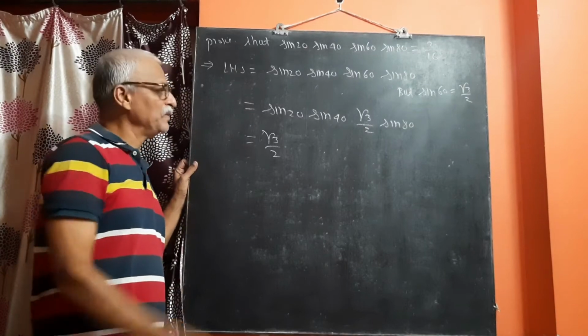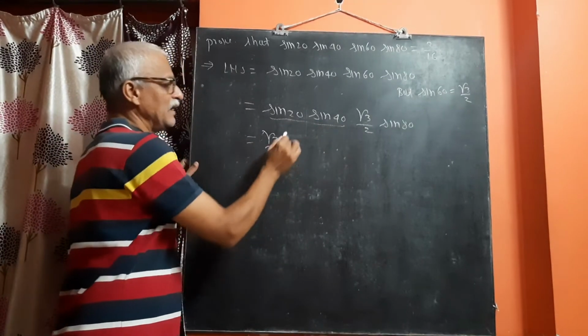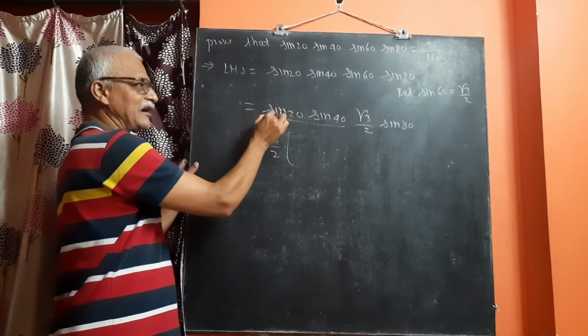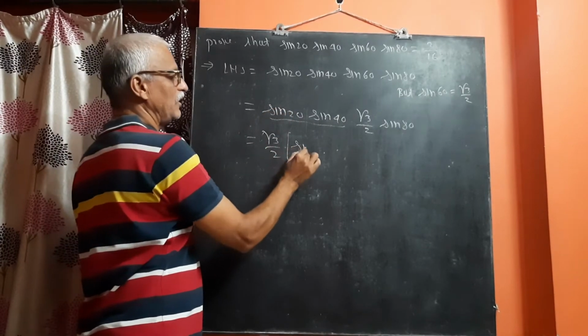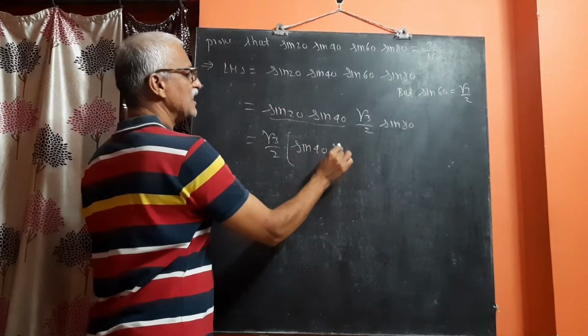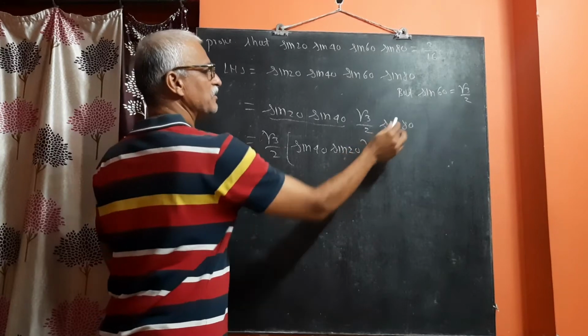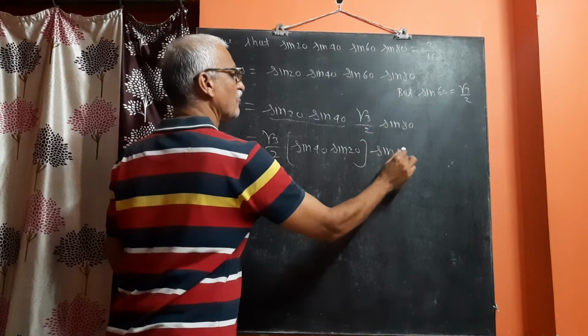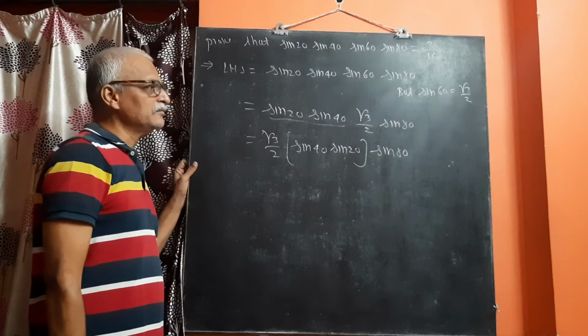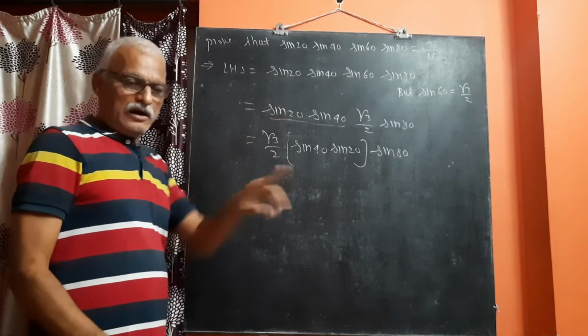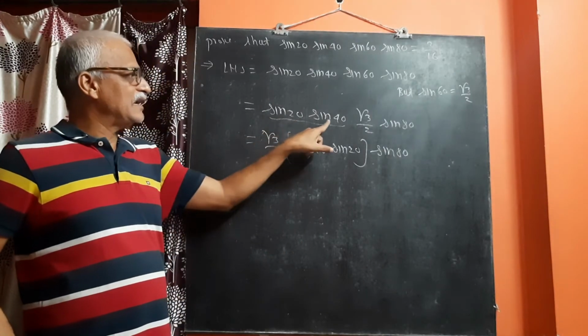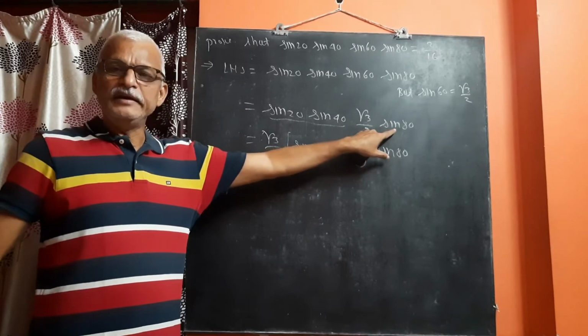It depends on you. So I make the group of this one, taking the greater angle first. So this will be sin 40 into sin 20. What is the remaining? That is sin 80.